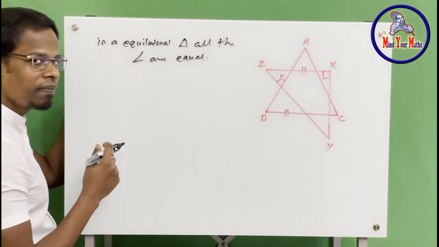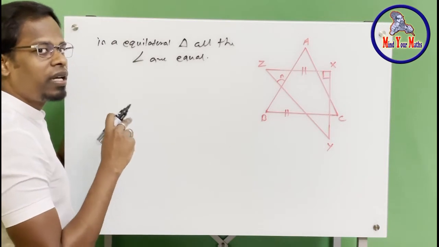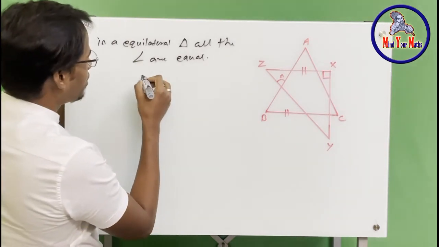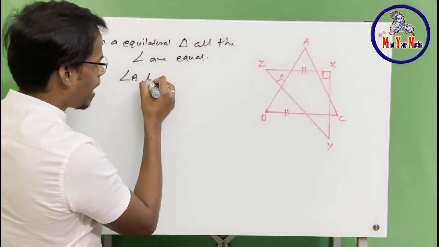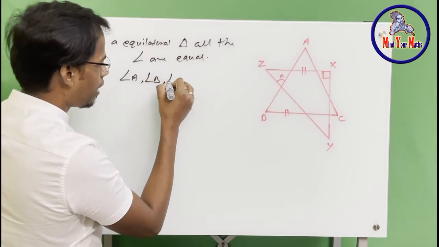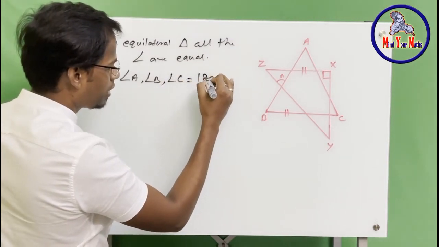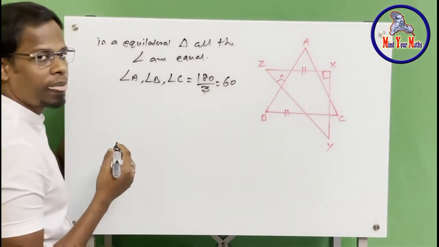We should divide 180 by 3. So each angle, angle A, angle B, angle C equals 180 divided by 3, which equals 60.